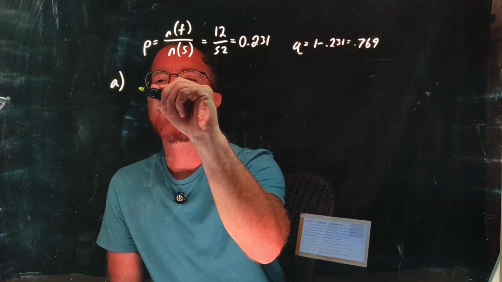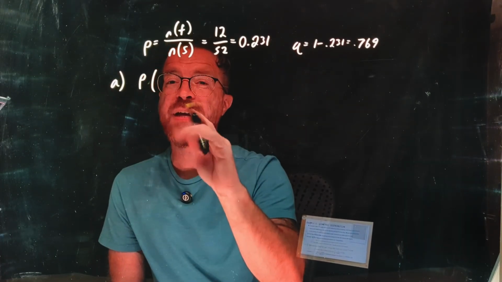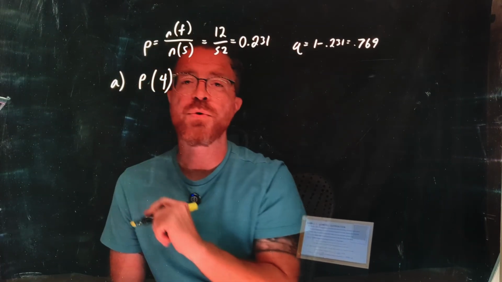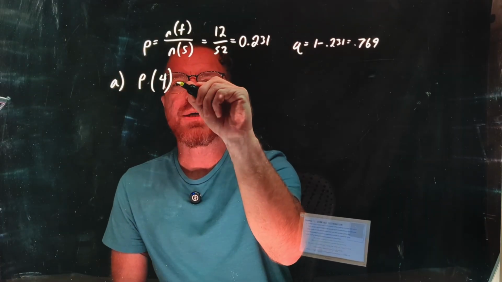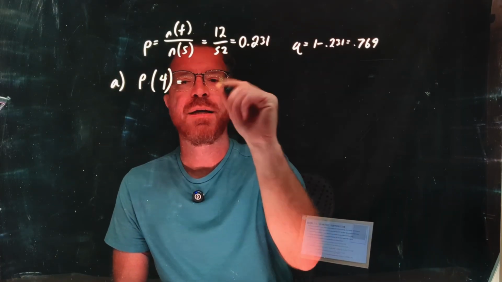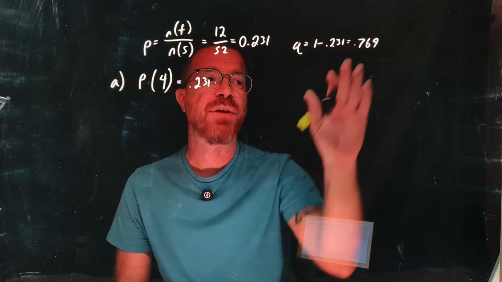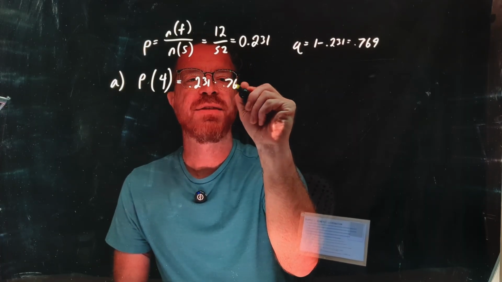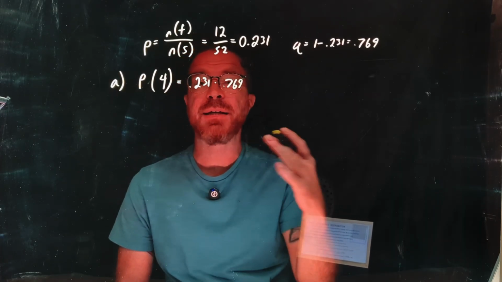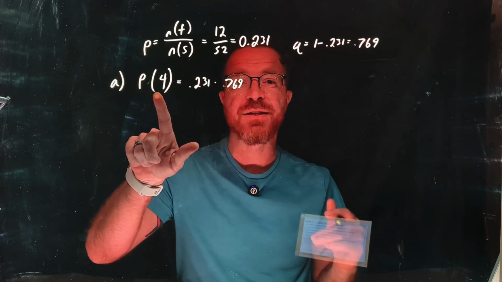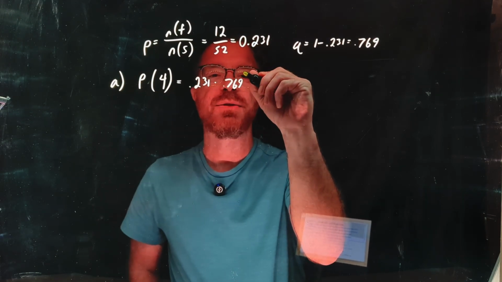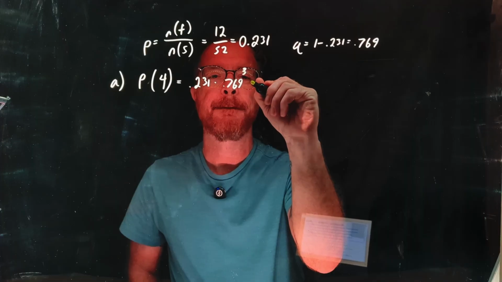So from this, we can now find our probability of getting our first face card on the 4th attempt. So we want to find out what is the probability that our first face card is on the 4th draw. So this is just going to be the probability of success, 0.231, times the probability of failure, 0.769, to the n minus 1 power. So n in this case is 4, so this is going to be to the 3rd power, right?